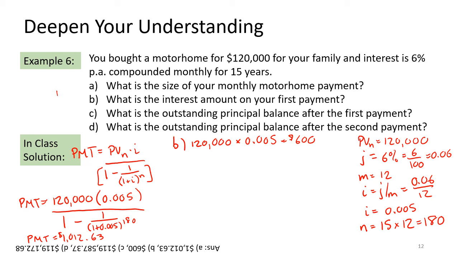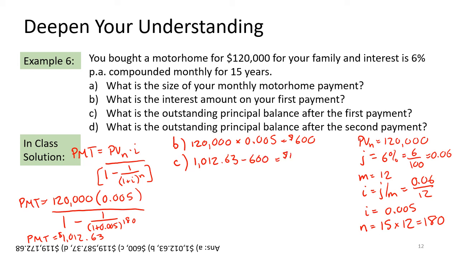Now, for part C, what is the outstanding principal balance on your first payment? So we know that the interest is $600. So the principal that we must be paying on this first payment is the payment, $1,012.63, minus this $600.